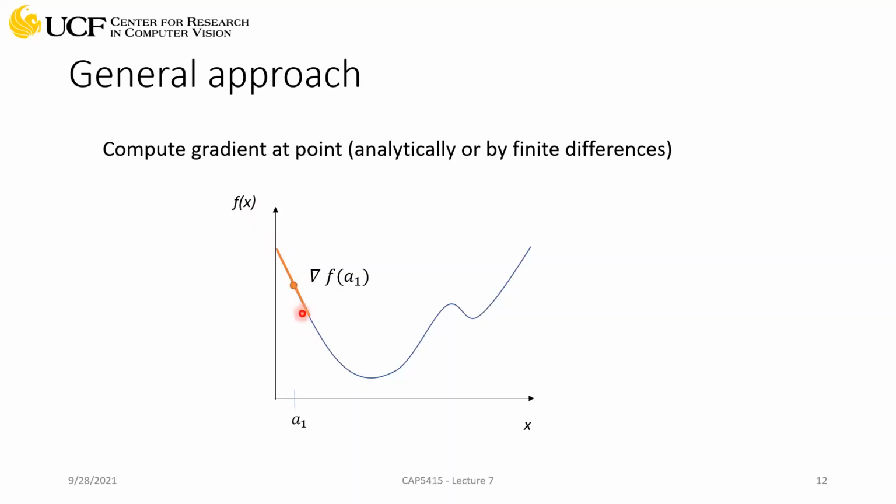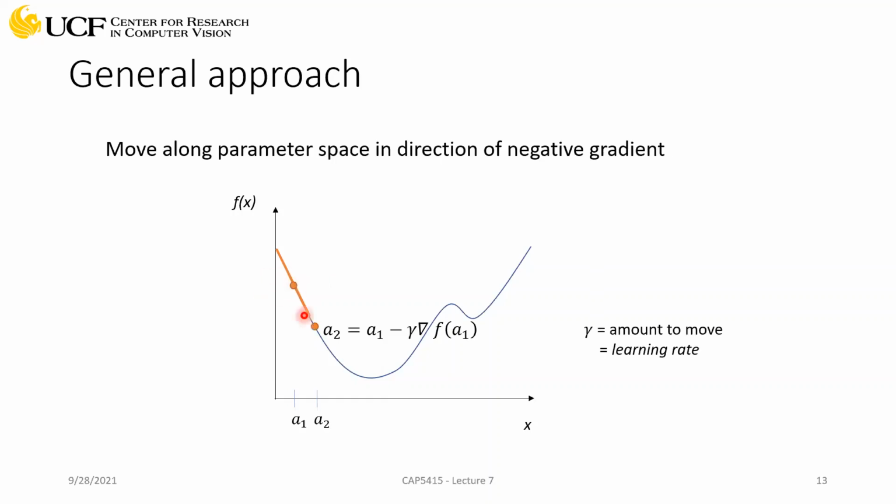Now, if you look at this slope carefully, and if you move along the opposite of the slope, you will move towards the minima, right? So we find the slope that is giving you the direction where you need to move, and then you take a small step, right?